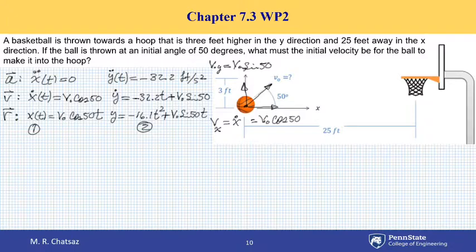So let's take equation 1. If I plug x of 25, equation 1 turns out to be 25 equal to v naught cosine of 50 times t. Let's call the time it takes for it to reach the hoop t prime. So this unknown t prime can be solved for, which is equal to 25 over v naught cosine of 50.